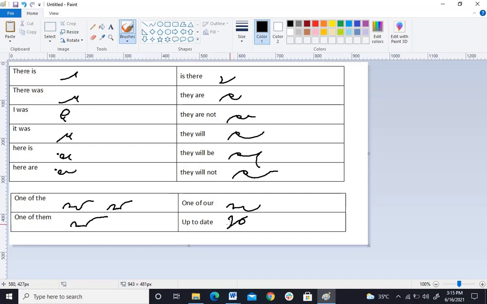Kasi pwede namang Wanda, hindi mo naman pwedeng sabihin Wanda, right? Yun sa first natin, yung one of the, hindi mo naman pwedeng sabihin Wanda doon. Meron bang, I don't know if you know a sentence where you use Wanda? Meron ba? I don't think so. Okay, so ayan.